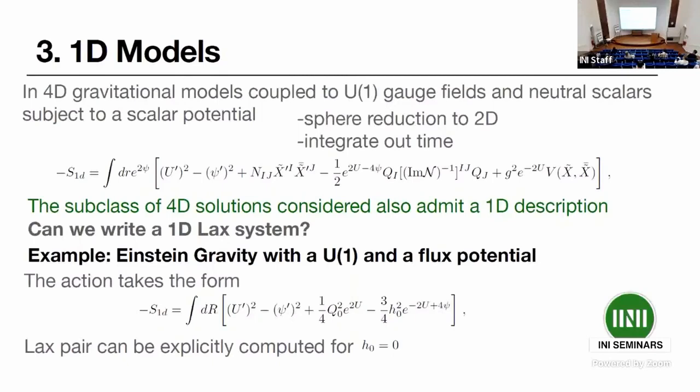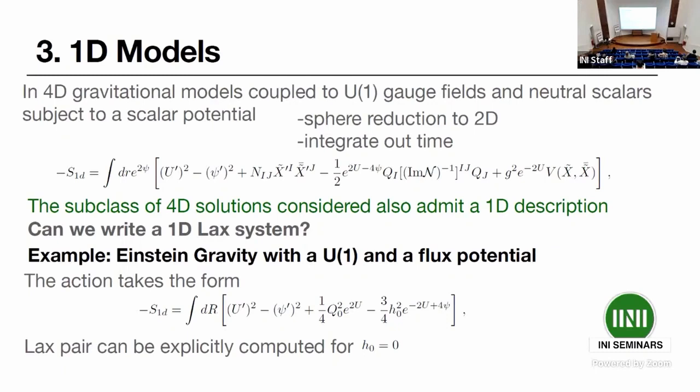So we are left with this type of one-dimensional actions that basically take now fields u and psi. Basically, u was related to the warp factor delta, and psi is going to be related to this field sigma that we saw appearing in our four-dimensional line element. Then we can add additional scalars, xi's, and then this would be some sort of kinetic term.